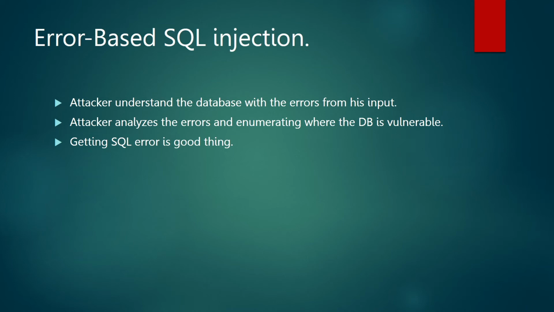The bulk of the methods of exploitation here is getting valuable information out of error messages. Those error messages are triggered by sending an illegal SQL expression to the database.